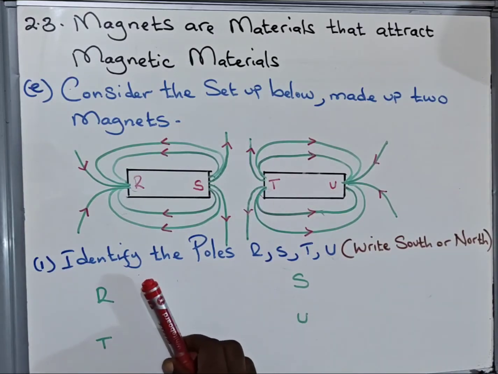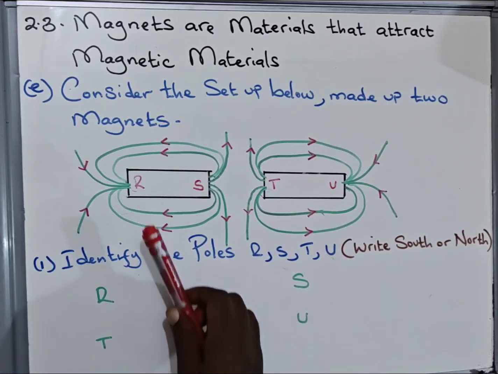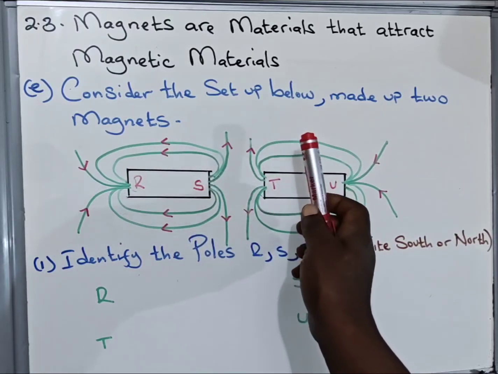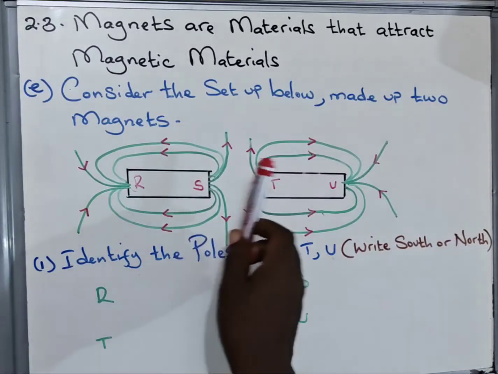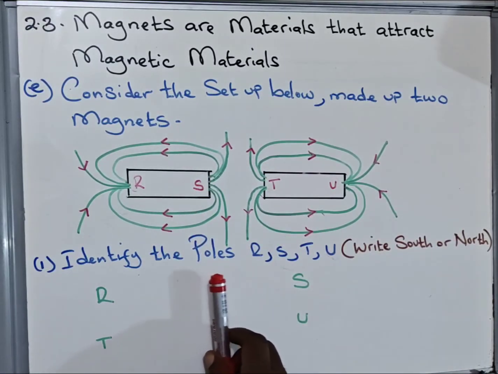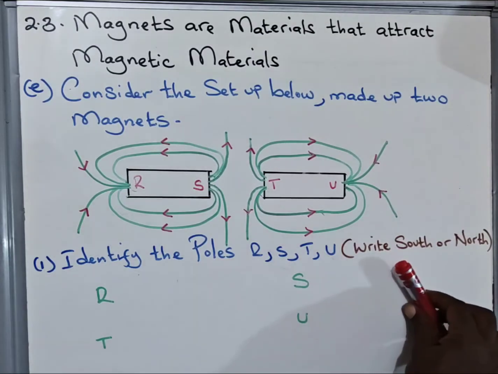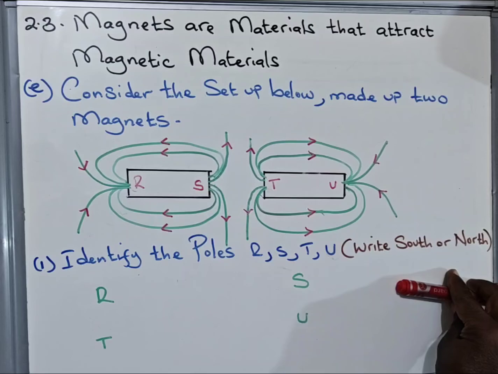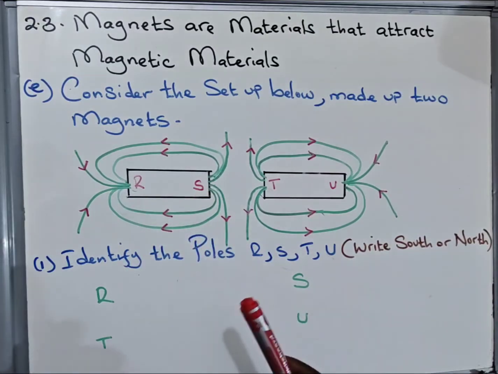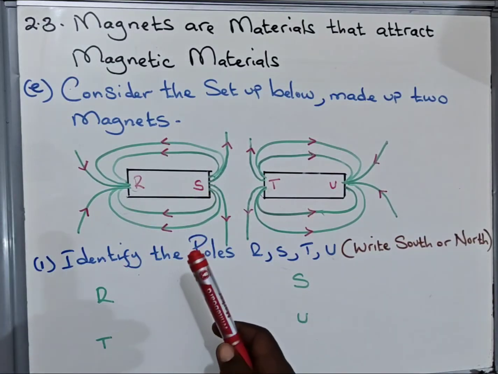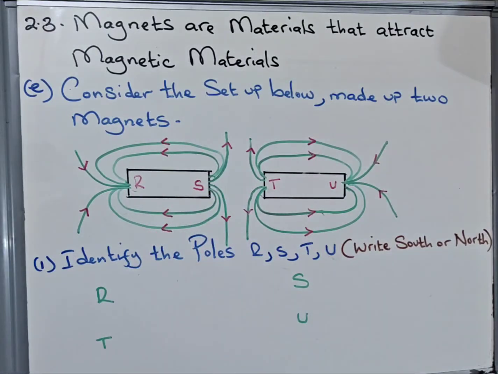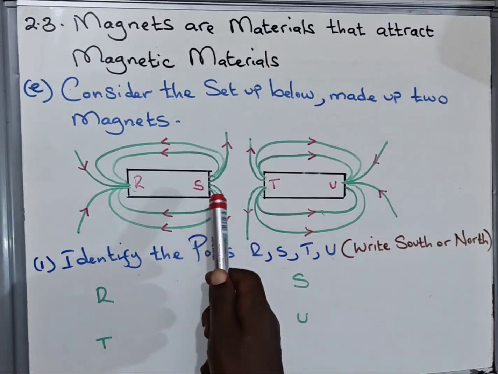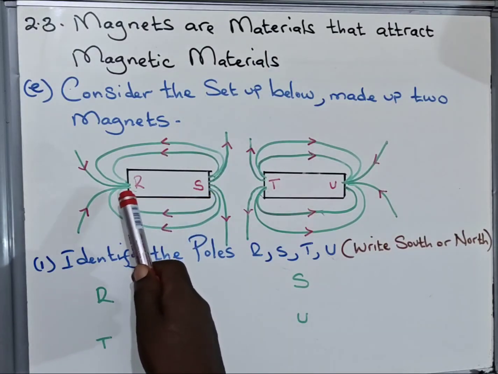Then we come to this one. It says, consider the setup below, made up of two magnets. So these are the two magnets, and they say identify the poles R, S, T, U, write south or north. So where do you start to identify this? The best approach is to look at the direction of the magnetic field. We have to know that it moves from north to south.